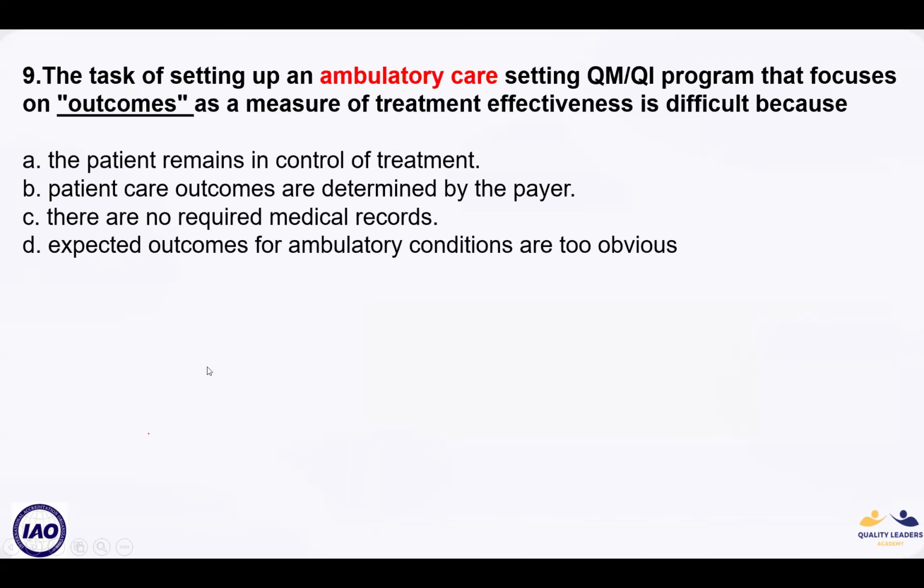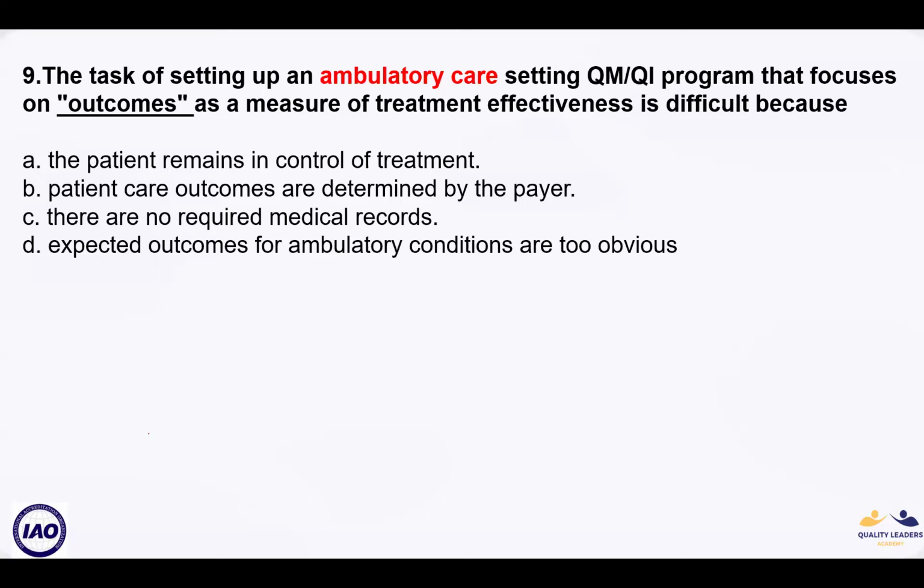Coming to question number 9. The task of setting up an ambulatory care setting QM or QI program that focuses on outcomes as a measure of treatment effectiveness is difficult because... So here the question is asking, why is it hard to measure treatment effectiveness using outcomes in an outpatient care setting?